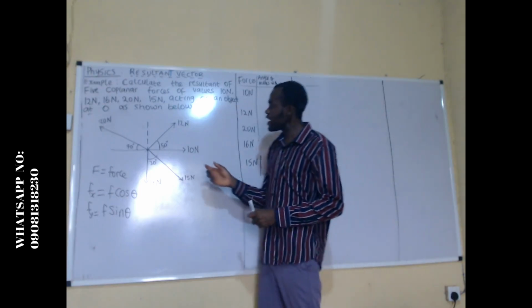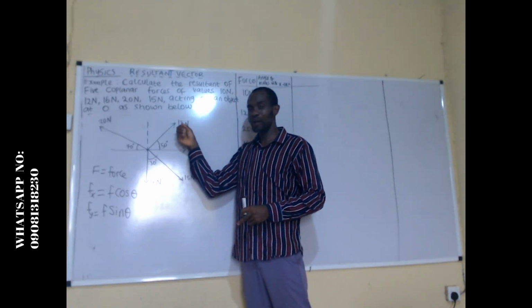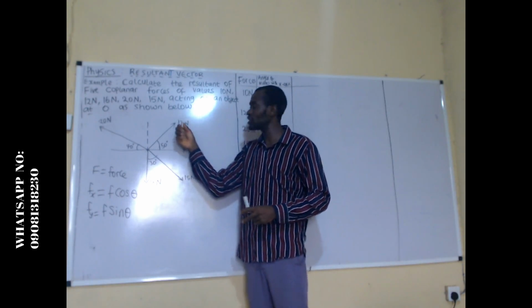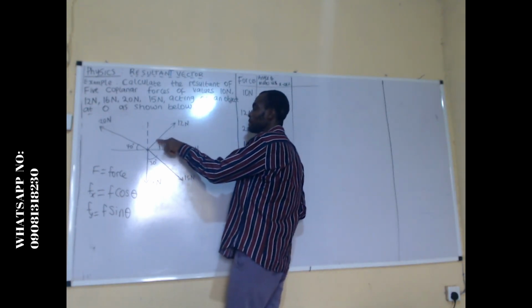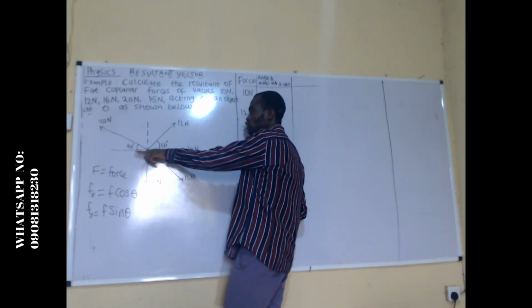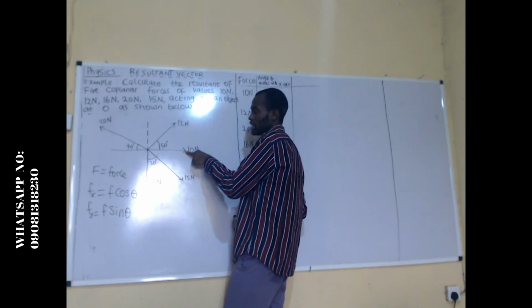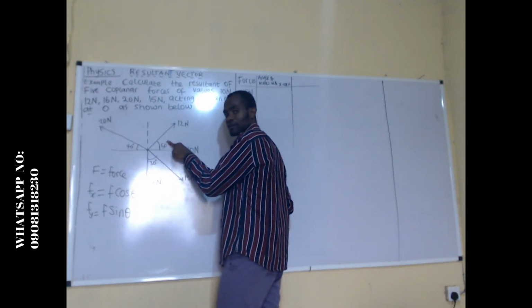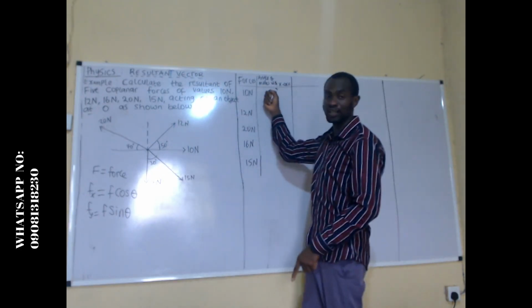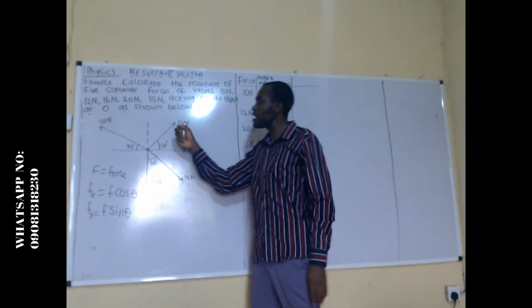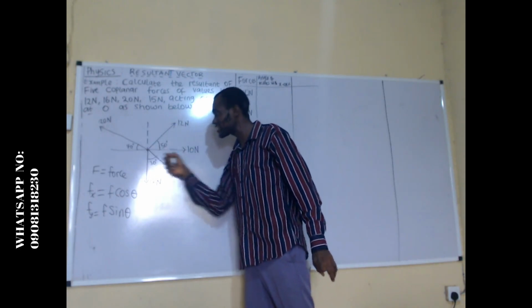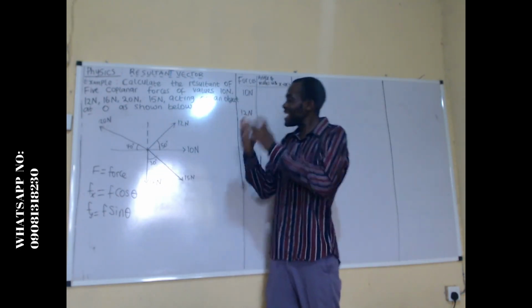Now, if you look at this force, 12 Newton, you will see it is making an angle to this x-axis, which is 50 degrees. So that is what we are saying here: the angle a vector is making with the x-axis.